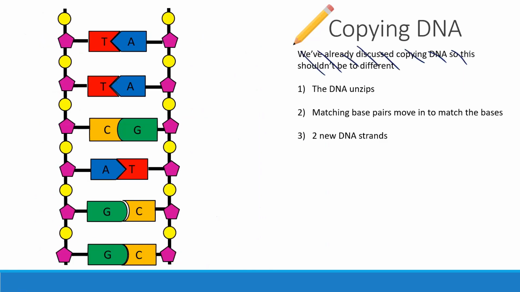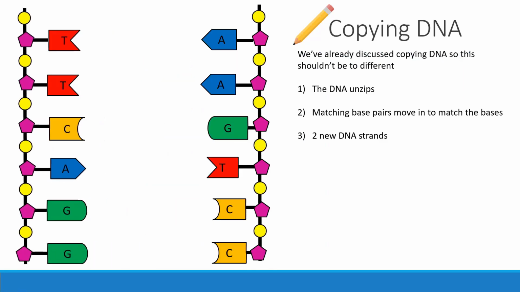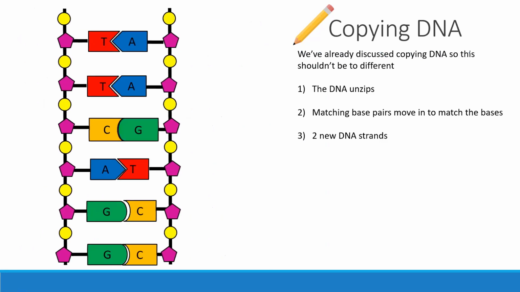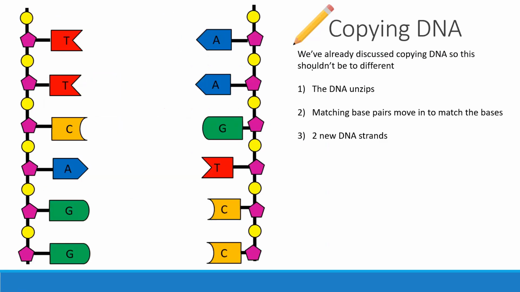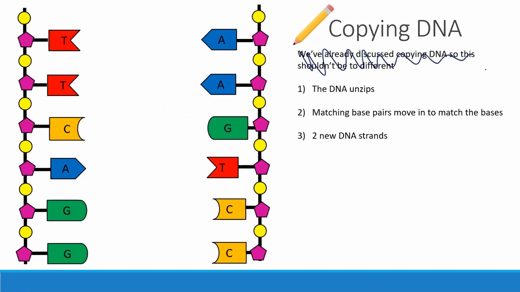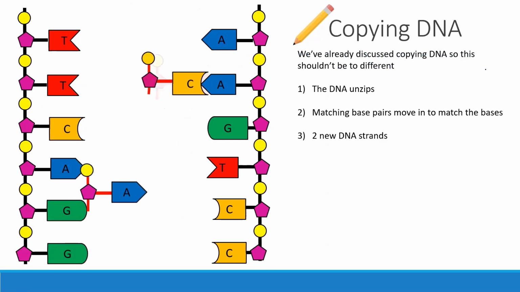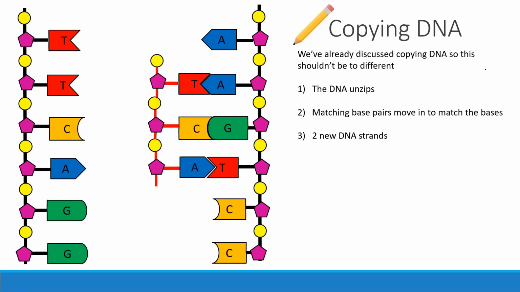You might ask, why am I using the word unzip? Because in my opinion, it's like a zipper. You are unzipping the DNA. And then what happens is that we add a bunch of DNA in there.